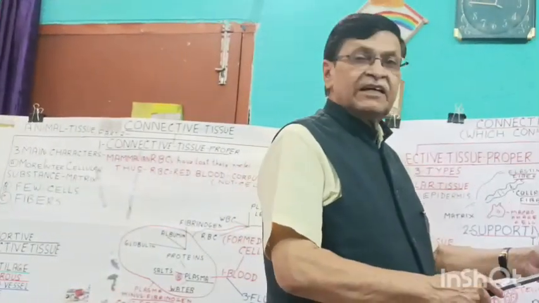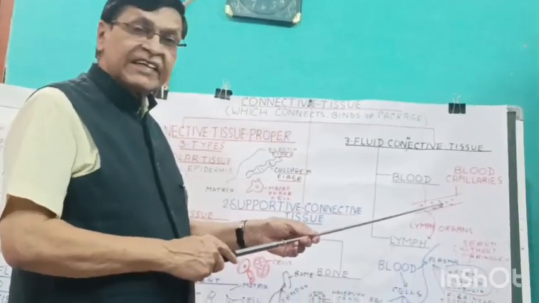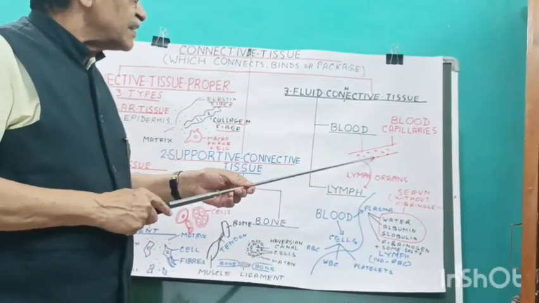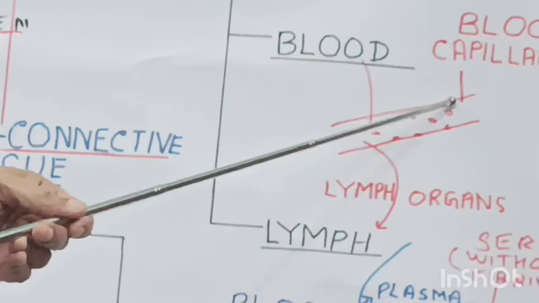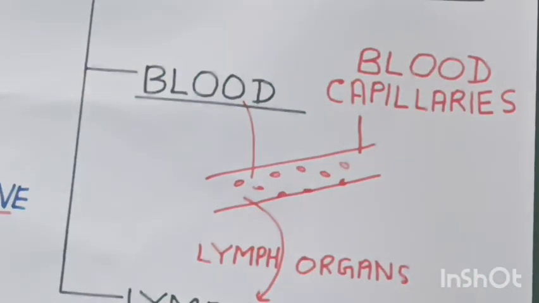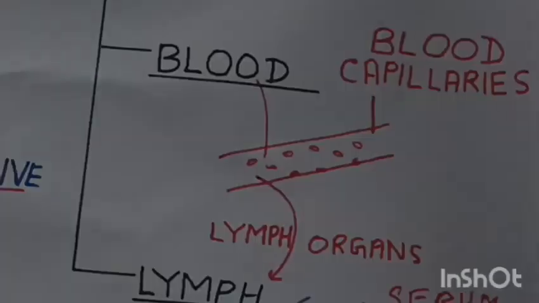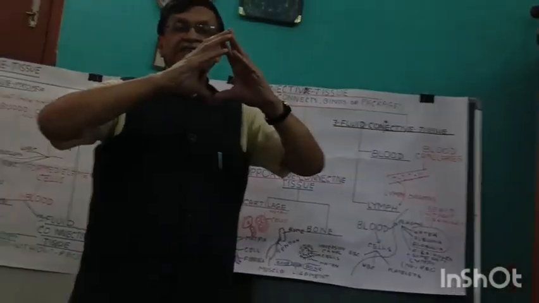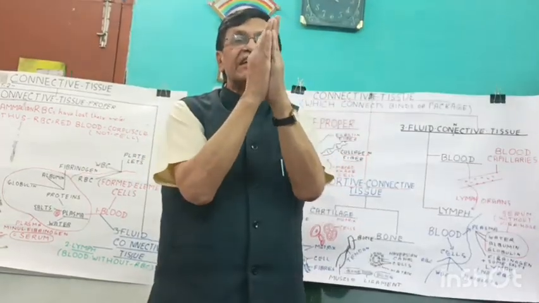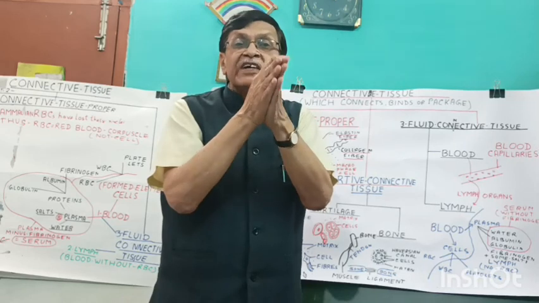Blood is transported through blood capillaries. In blood capillaries, we have many pores. WBCs have the capacity to roll up like this and pass through a very small pore.